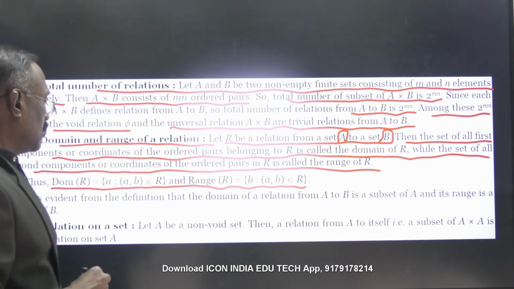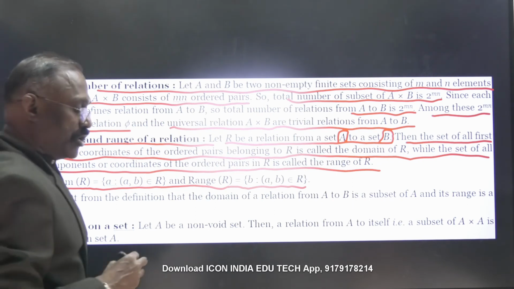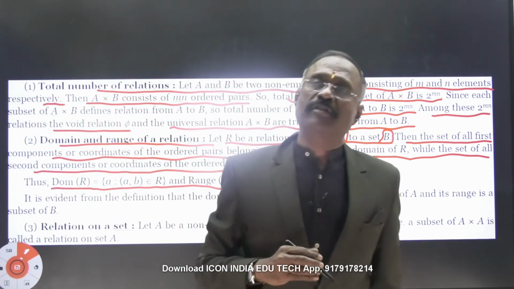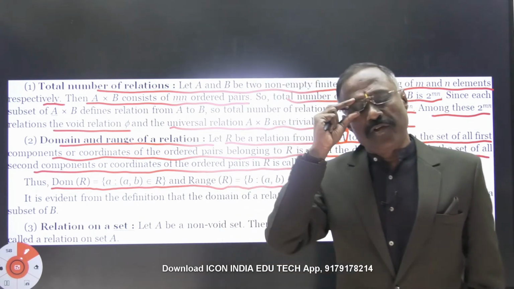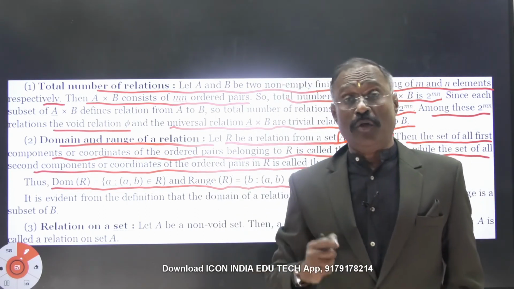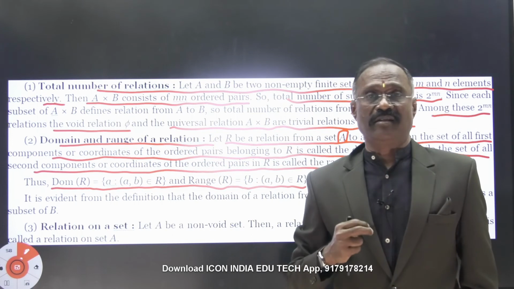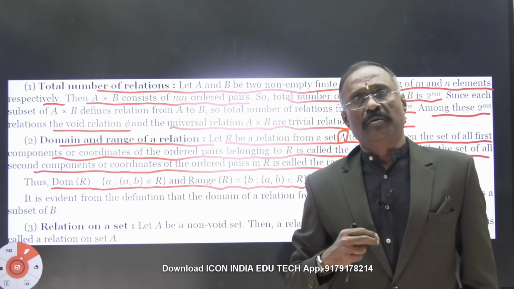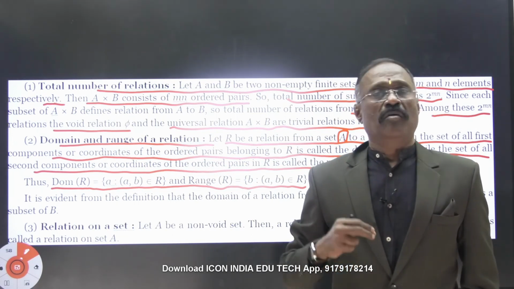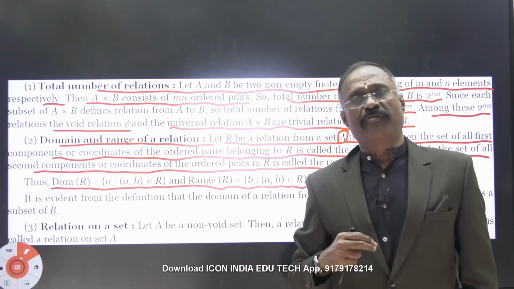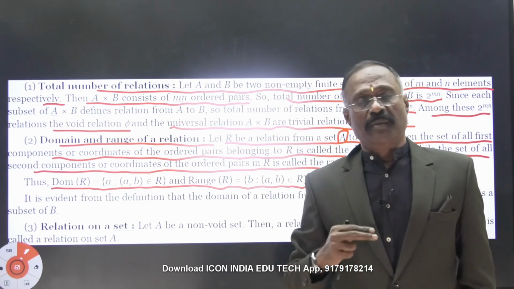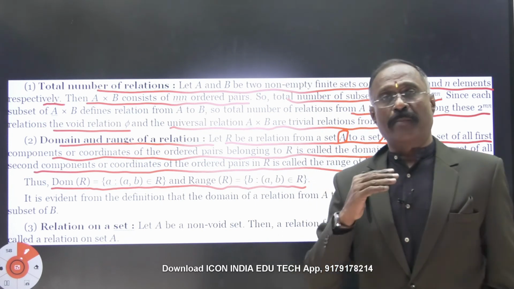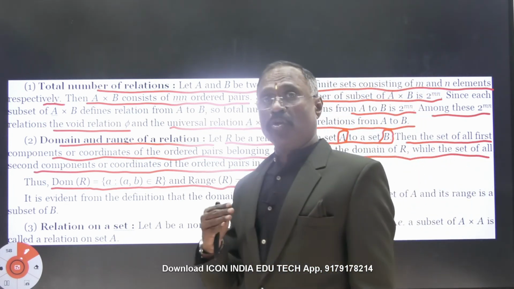Simple understanding about the domain and range, not only in relations but in functions also. This domain and range plays a major role. You must have more and more clarity about the concept of domain and range, because while drawing the graphs of any functions further, domain and range are the primary needs to draw the graph.